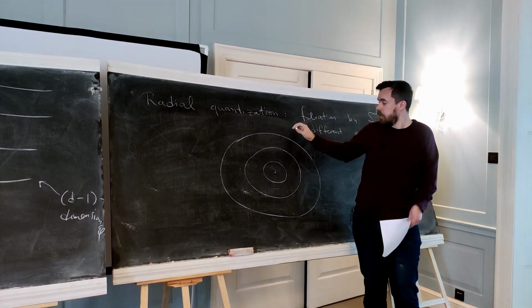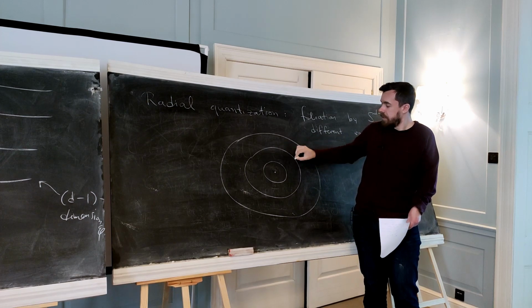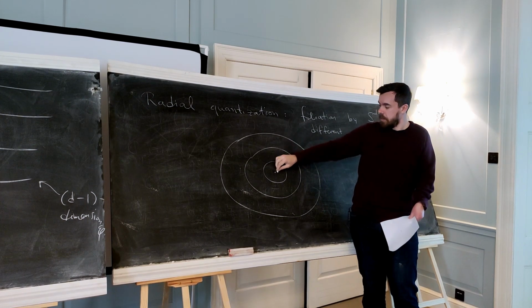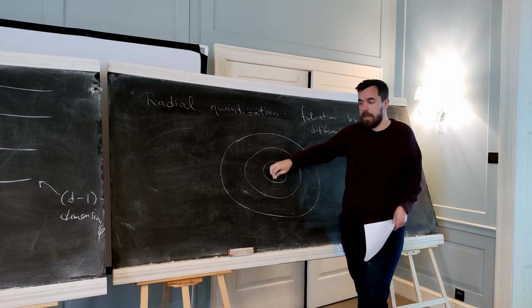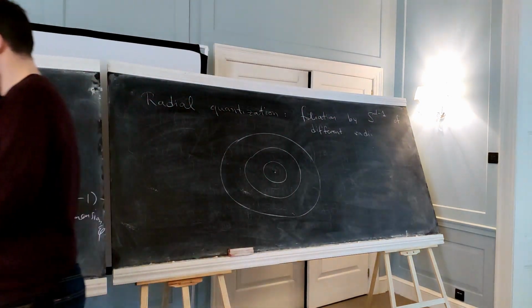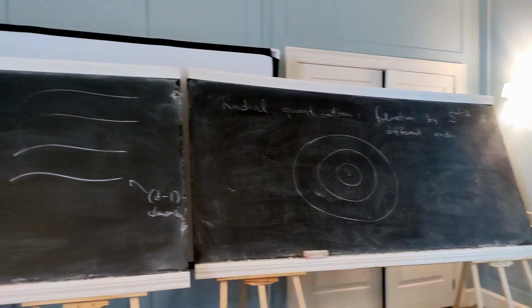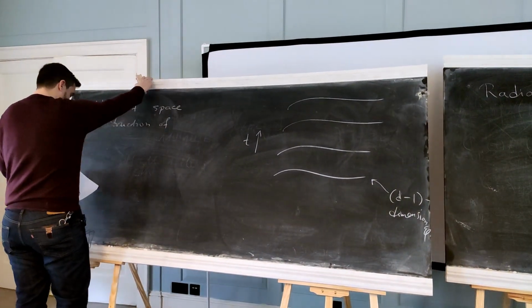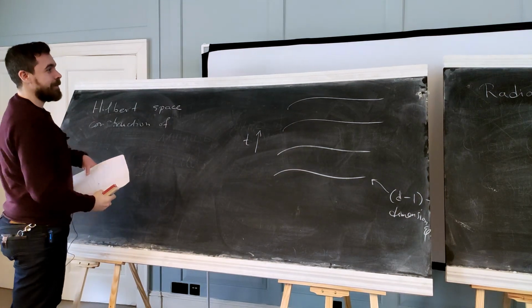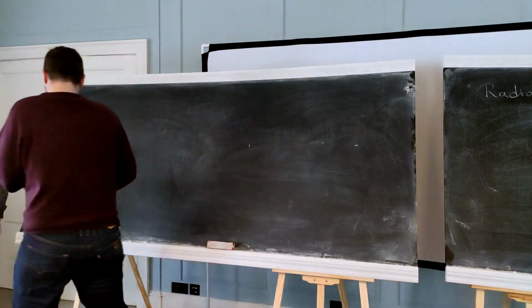And I can also use dilatations to take anything I define on these spheres and squeeze it down to a point. Right? And this turns out to be very convenient for reasons that we will discuss now.